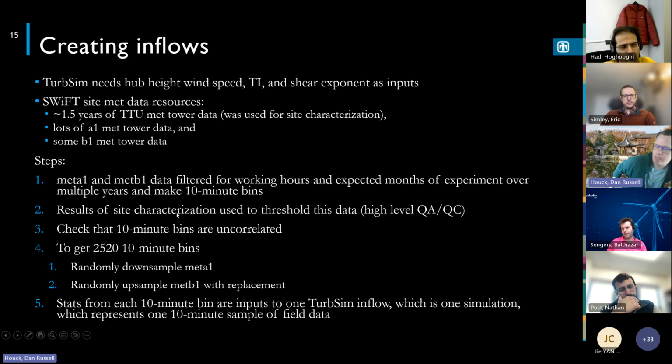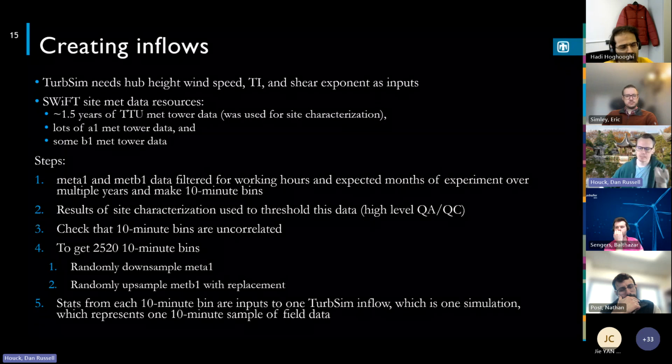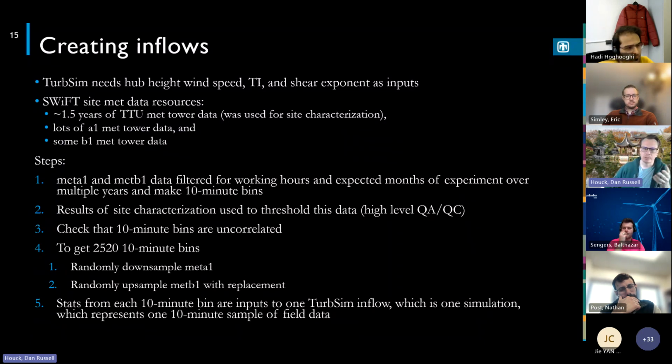Even though it would be odd if there was correlated data at 10 minutes, we did check that it was uncorrelated. As I mentioned, certain experiments might use shorter bins, and then it becomes more important to make sure you're not essentially repeating the same conditions, that the bins stay independent.